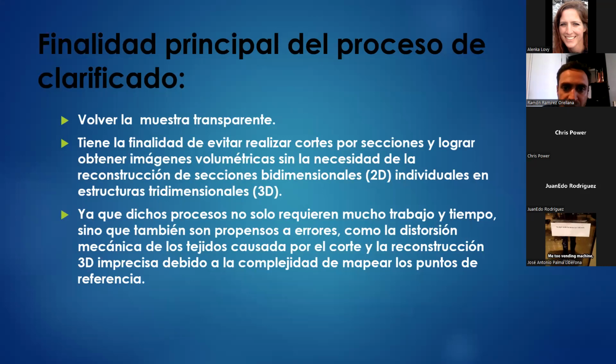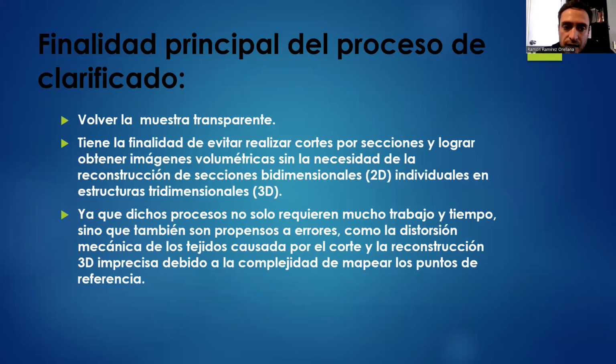Y también evitar, de alguna forma, realizar cortes seccionados para lograr esta estructura tridimensional, ya que realizar este tipo de trabajo puede llevar a muchos errores, y por la distorsión mecánica de los tejidos causada por los cortes histológicos. Y la reconstrucción 3D lleva mucho trabajo también y es imprecisa, ¿ya?